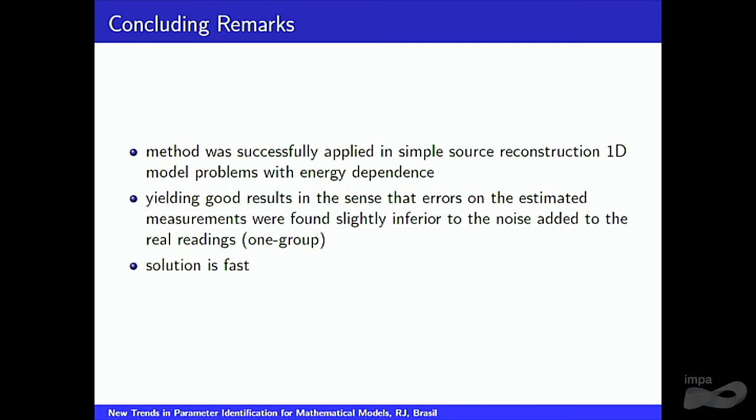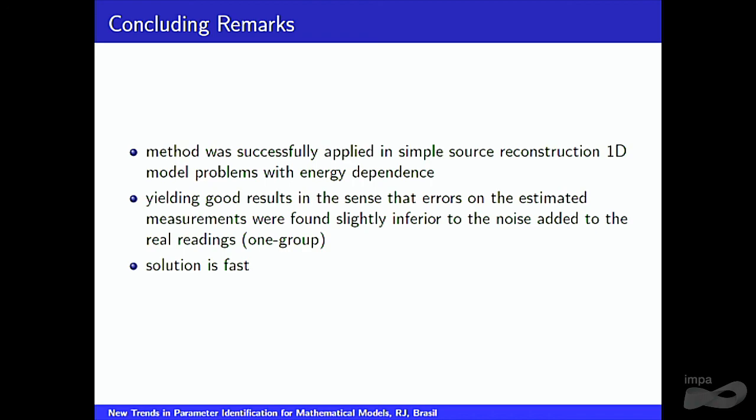So we consider, in general, that the method was successfully applied for simple reconstructions of one-dimensional problems, including energy dependence, as we could see, even with some imposed perturbation. For the one-group case, for those tests, we were always able to get errors slightly inferior to the noise that we added, except for the example of group 2.